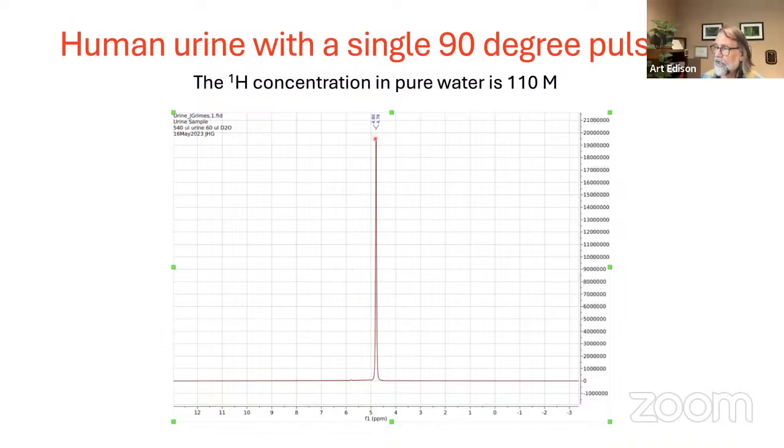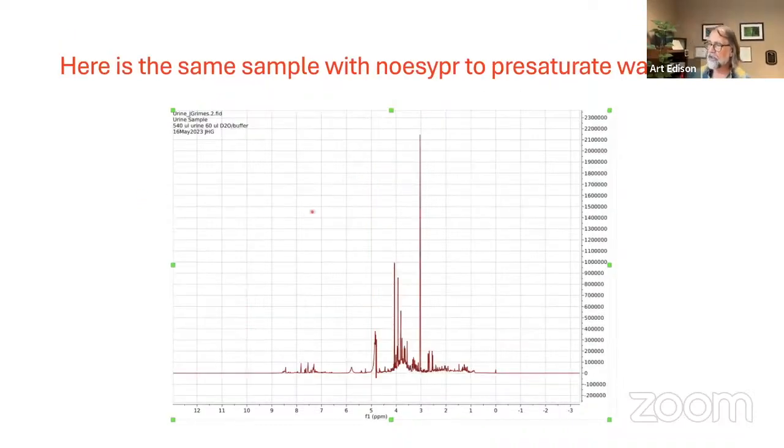So this peak right here is water or residual D2O, but there's a ton of water in here, and that swamps the entire signal. You can see a little bit of urea right here. But if we collect the data where we are saturating and eliminating the water signal, and letting all of the other signals come up, instead of just seeing that one huge water signal in the center.